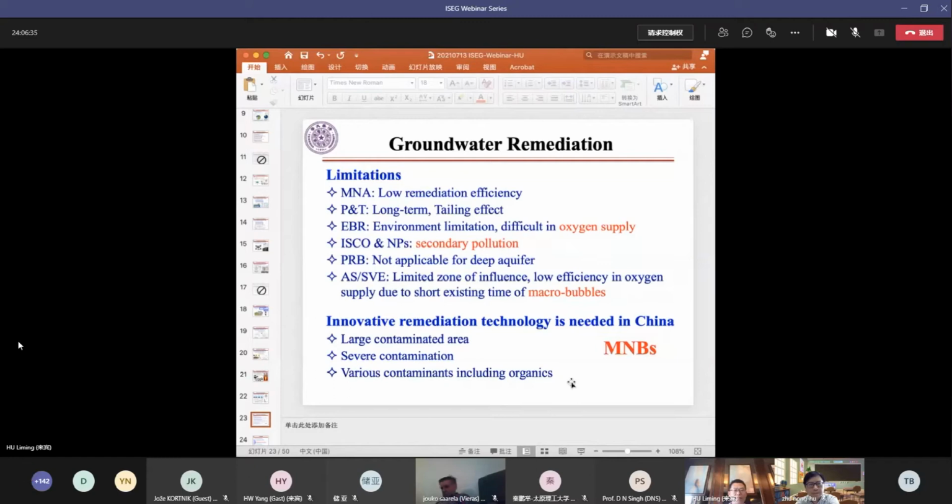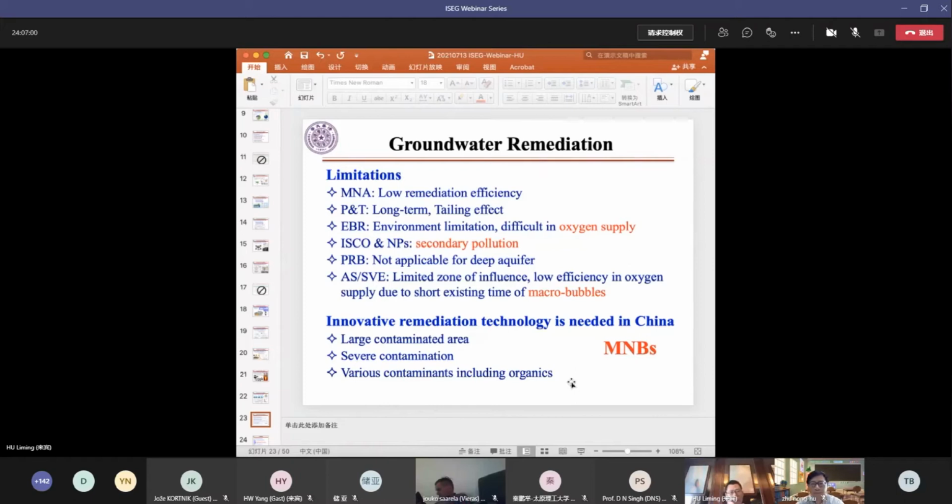And for SSVE, since the air injection is using pipes, the bubble is very big and it cannot stay in the groundwater for a long time, and it cannot provide more dissolved oxygen for the groundwater.